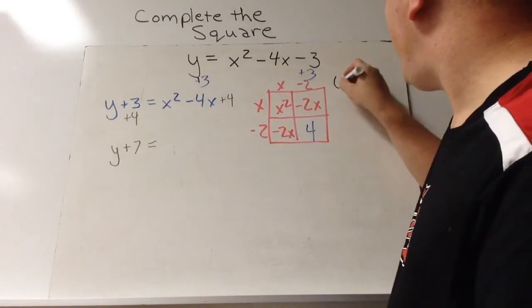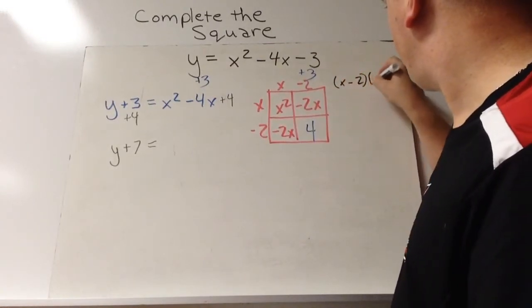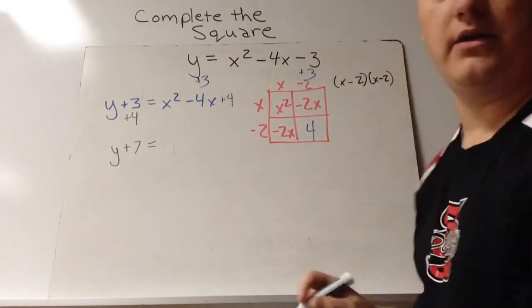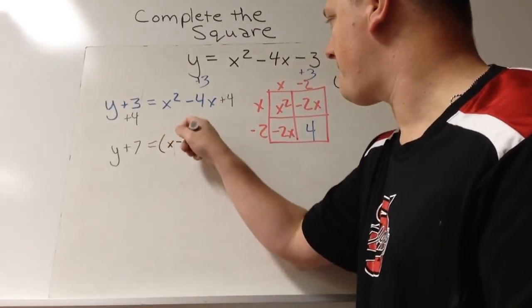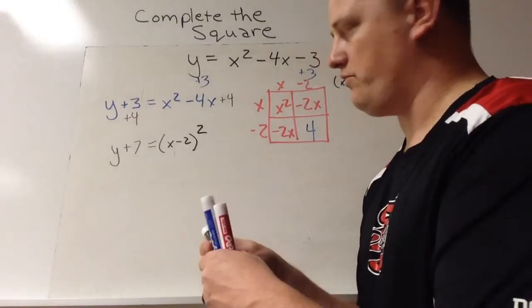Okay, this is going to be x minus 2 times x minus 2. So x minus 2 squared is another way to write it. And move our 7.